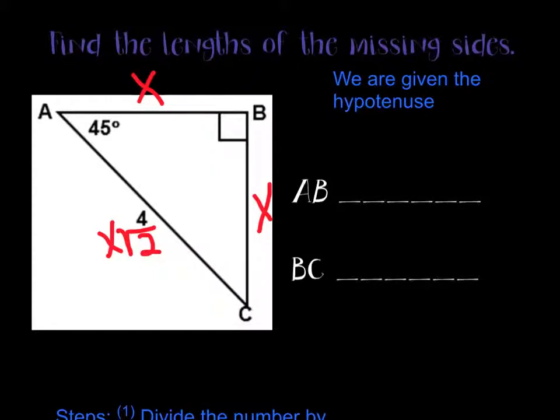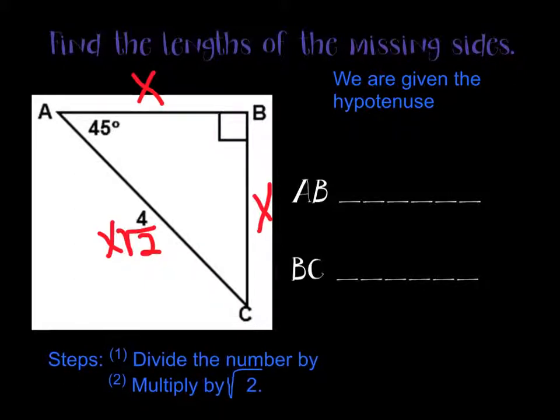We have a whole number that equals x square root of 2. So what do we need to do with that? There are 2 steps that you need to write down. Step 1 is you divide that number by 2. Step 2 is you multiply by the square root of 2. It's easy.